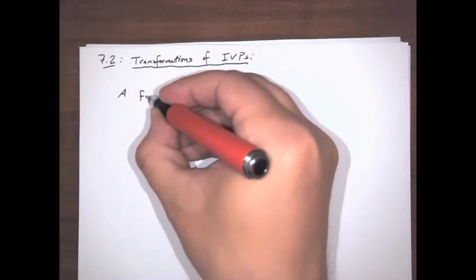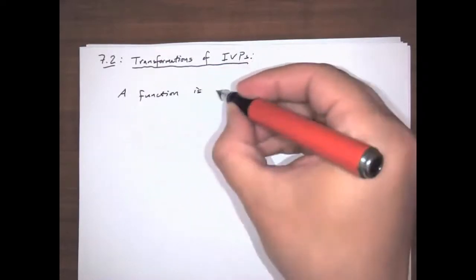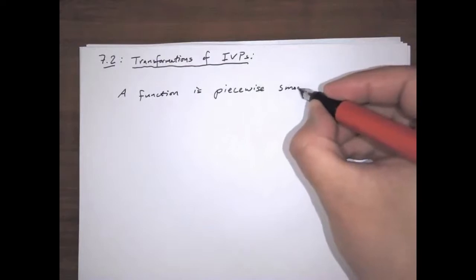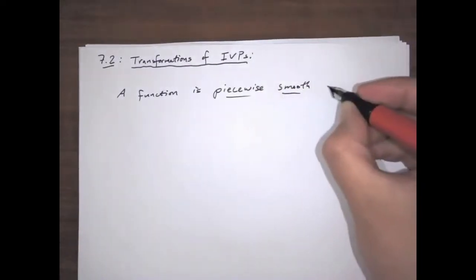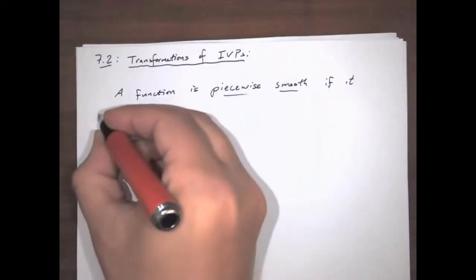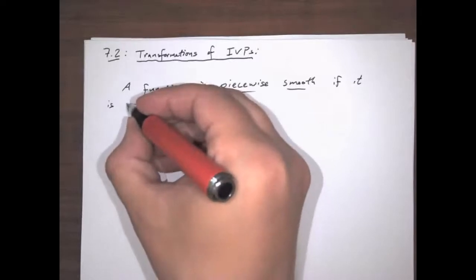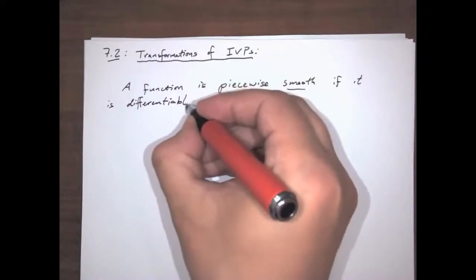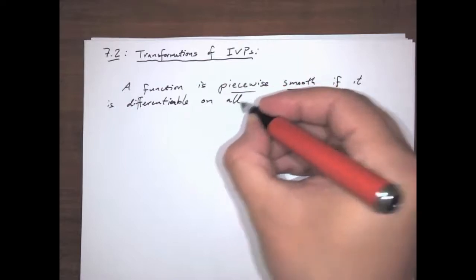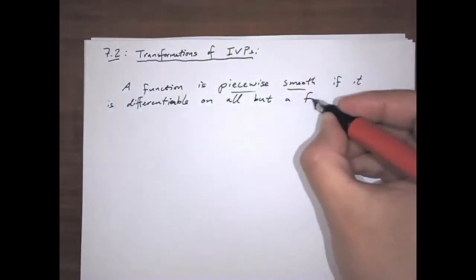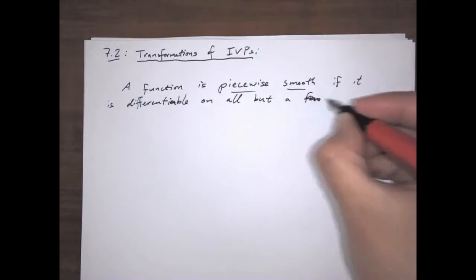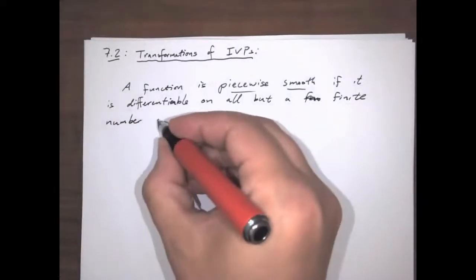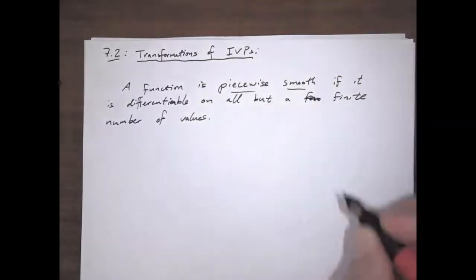So a function is piecewise smooth if it is differentiable, meaning its derivative exists, on all but a finite number of values.